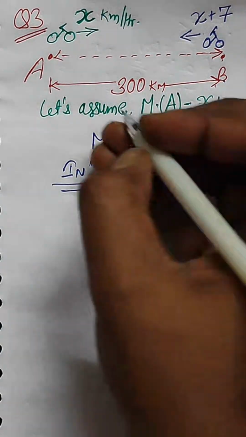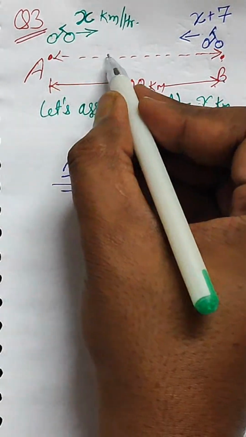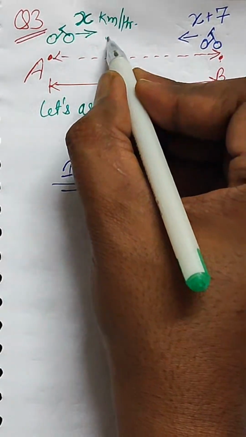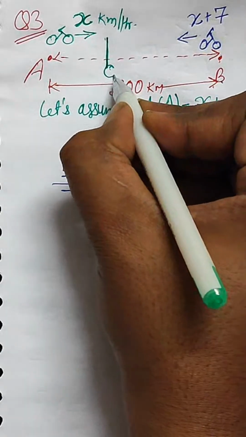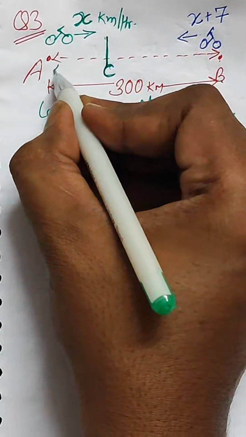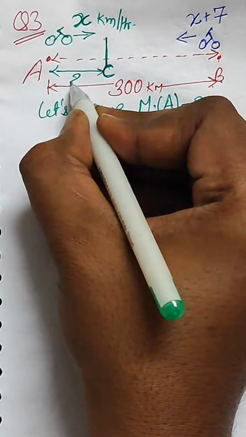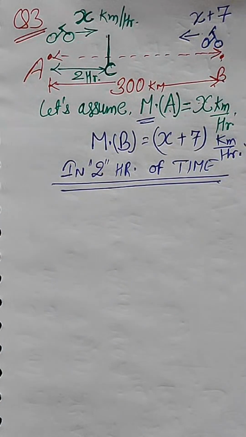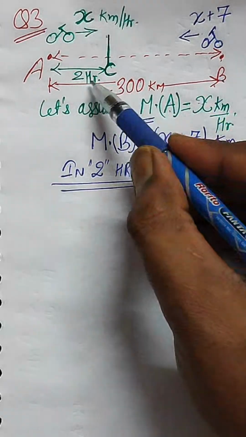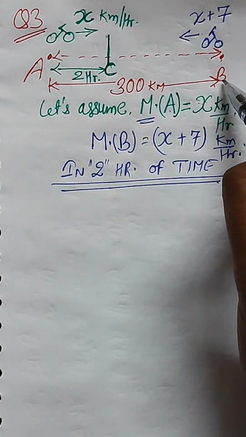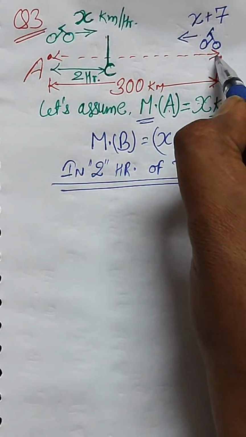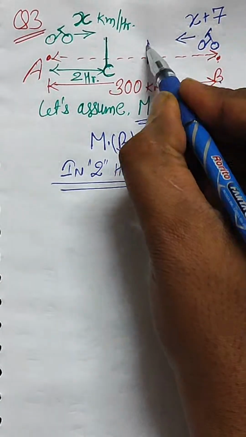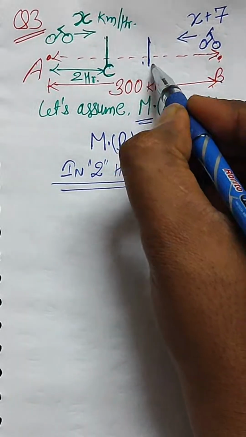So let's say the first motorcyclist will reach this point C in traveling 2 hours, right? And definitely during that time B was also not stopped, he was also traveling. So let's say B traveled till point D.